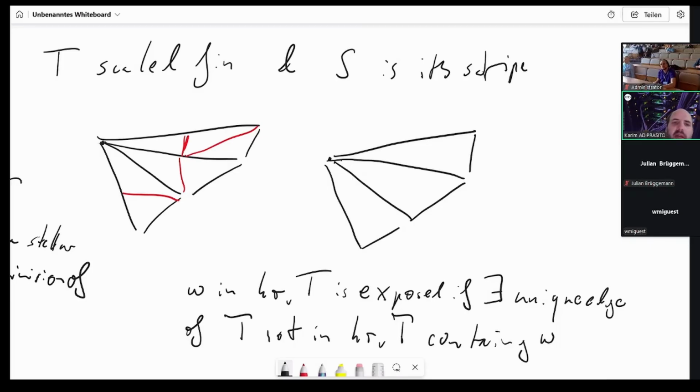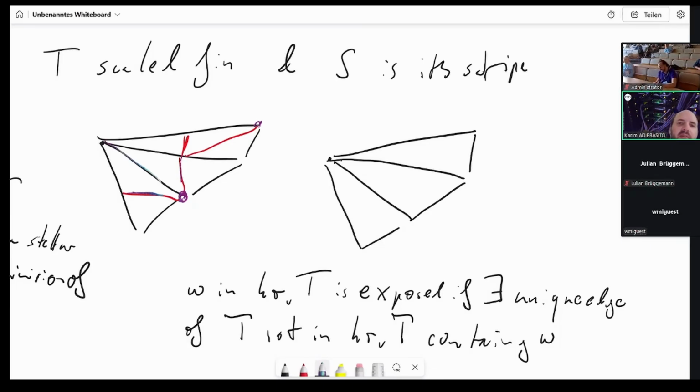So let me give a non-example, all right? So I have my scaled fin here, and this vertex would not be exposed, right? Because there are three edges of my fin that contain this vertex and that are not in the horizon. Actually, this and this and this.